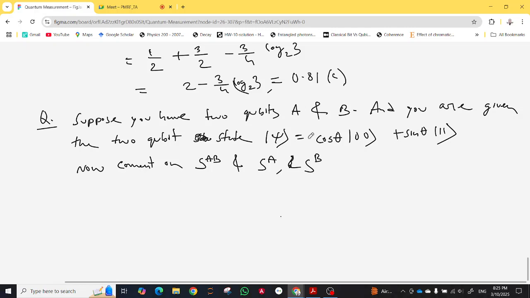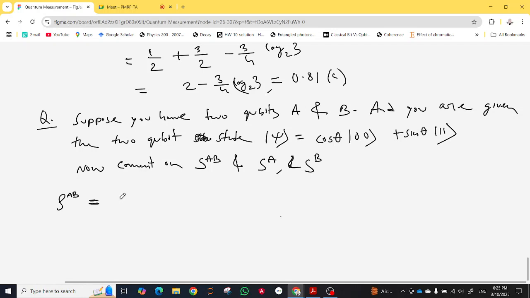So you are given the two particle state psi. First you calculate SAB. To calculate SAB, what do you need? You need rho AB, right? So we calculate first rho AB. This is the density matrix of the two particle state.